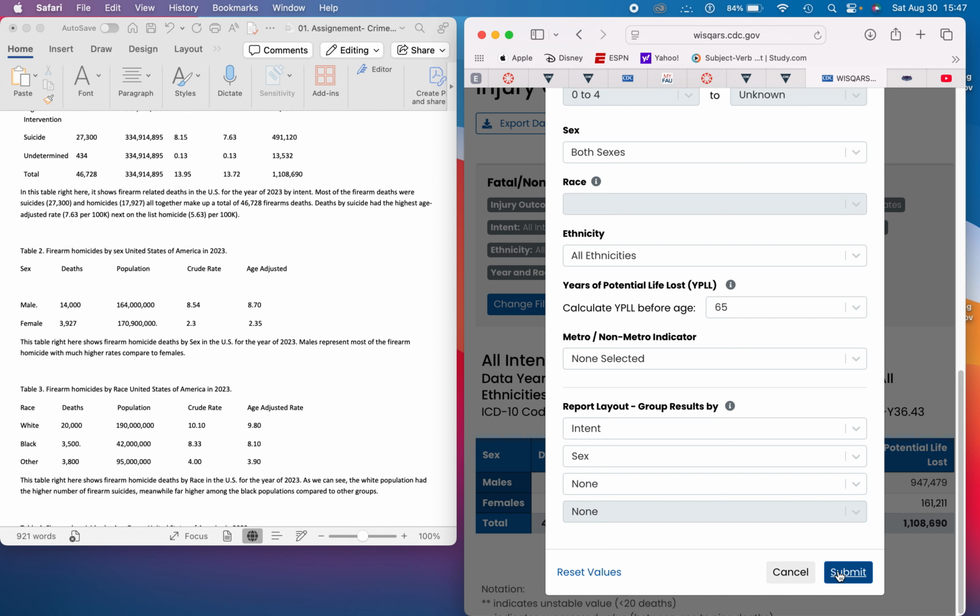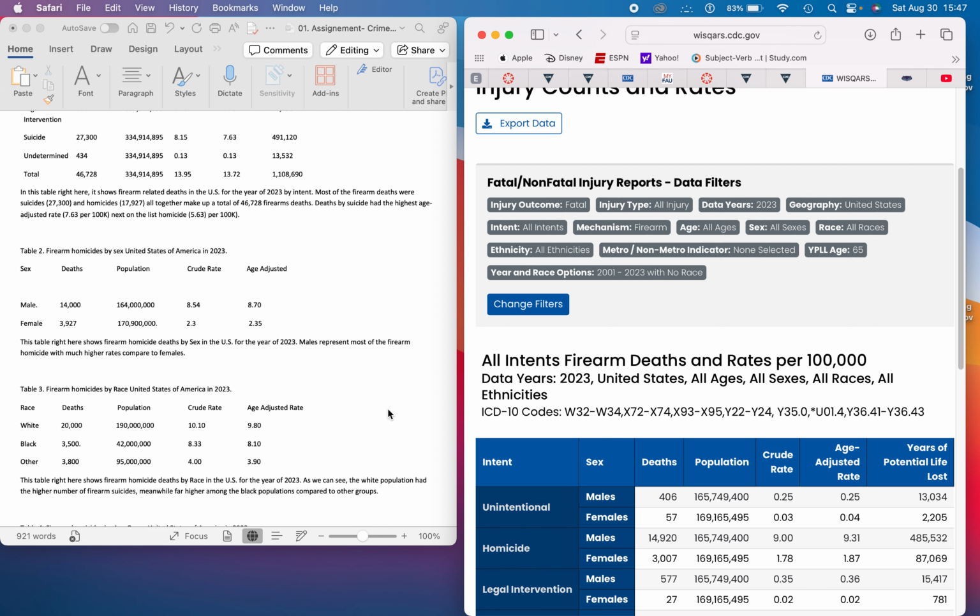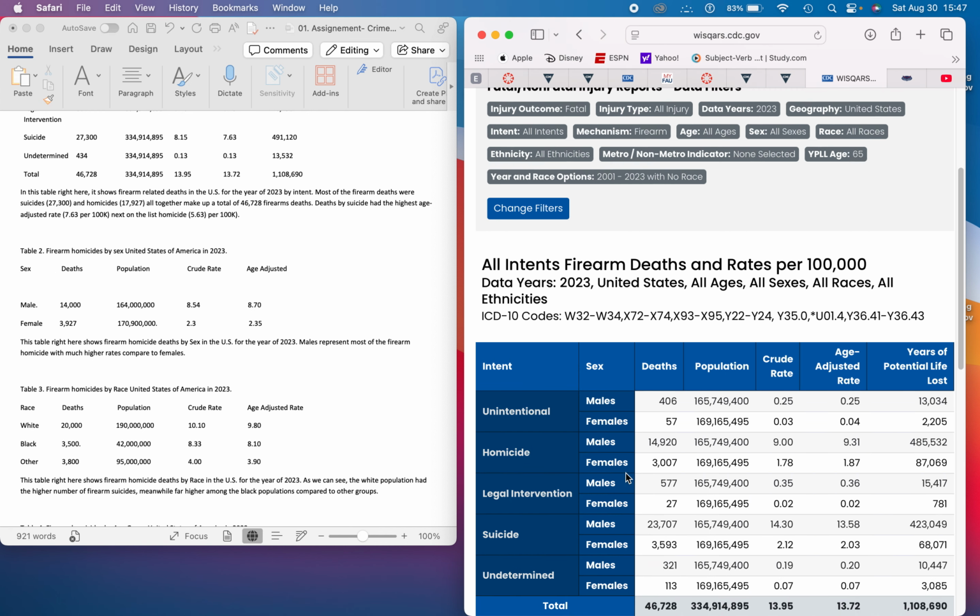Because we're talking about homicide, firearm homicide. Yep, that's about right here. 14,000. Yeah, 14,000. We could update this to 14,920. But there are other categories: suicide and everything, homicide and intentional, everything.